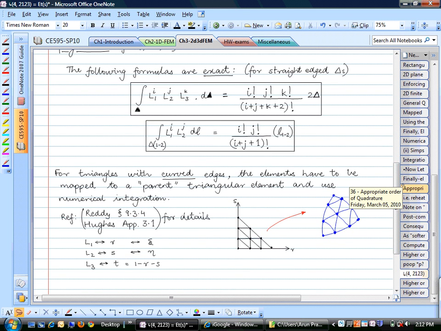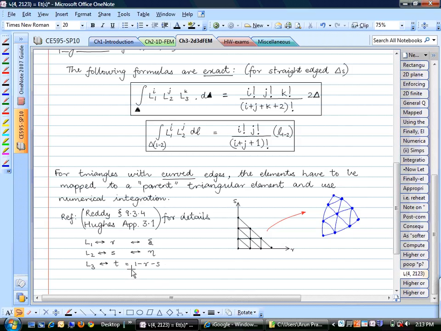So one small note about general triangles. In general, if your triangle has curved edges, you cannot integrate the weak form exactly. And you would have to use something very similar to your isoparametric map that you did for Q4. You have this element. You will map it to this one, and the idea is that L1, L2, L3 will be mapped to R, S, and T, where T, which is a dependent variable, is nothing but 1 minus R minus S, since R plus S plus T is 1.